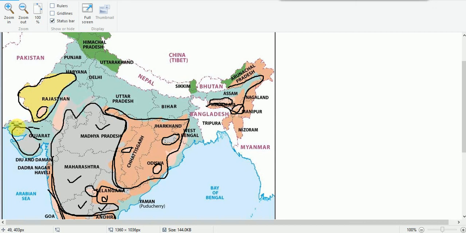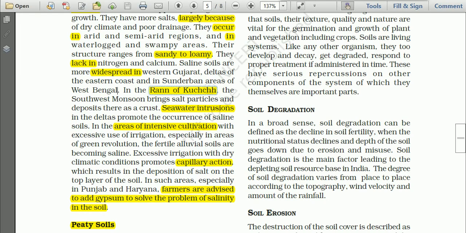So in this area we find saline soils, and here in Rajasthan also some of the sandy soils are saline, as well as in the delta areas here. In the delta areas of West Bengal, as mentioned above, we find saline soils. In the Sundarban delta of West Bengal we find saline soils.